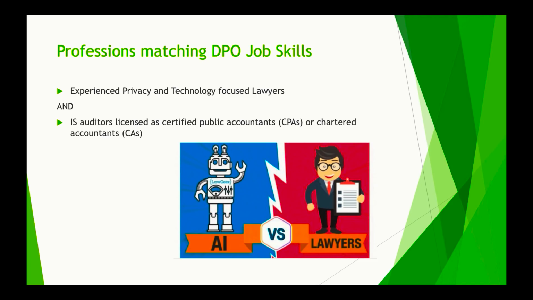Both professions need to have significant negotiation skills, although given their typical roles, the lawyer will likely have deeper negotiation experience. Both should have knowledge of risk assessments, countermeasures, and data protection impact assessments, although auditors will likely have more in-depth risk mitigation experience.